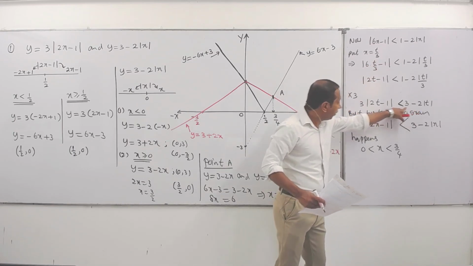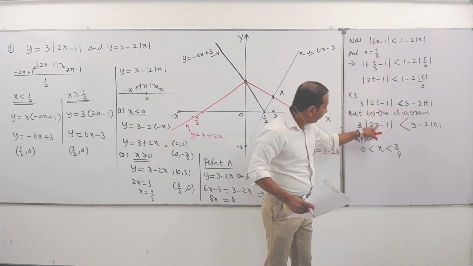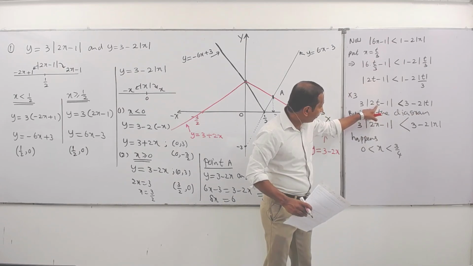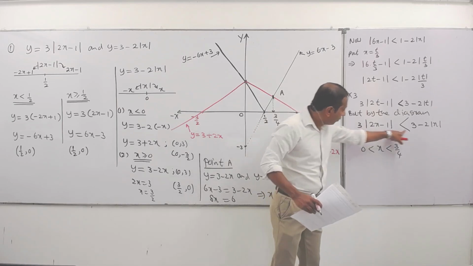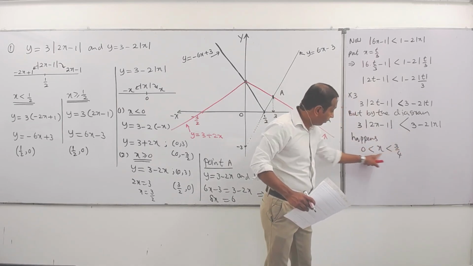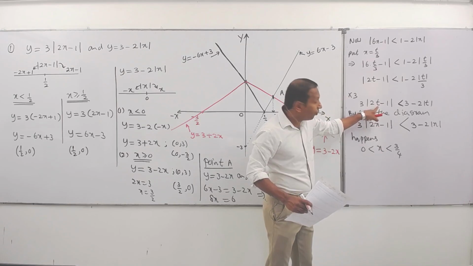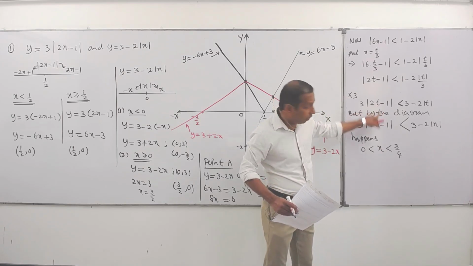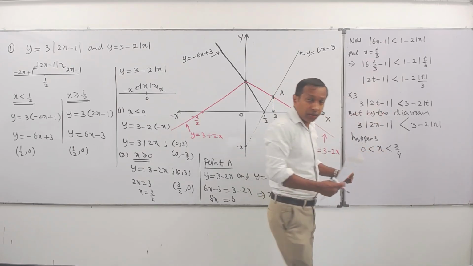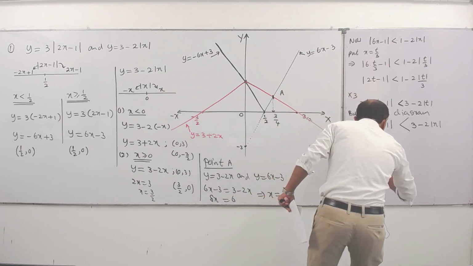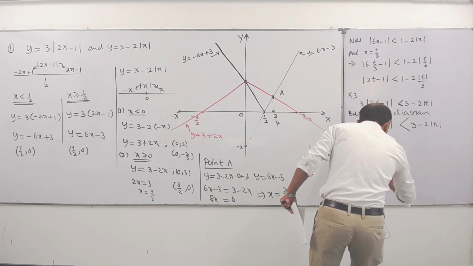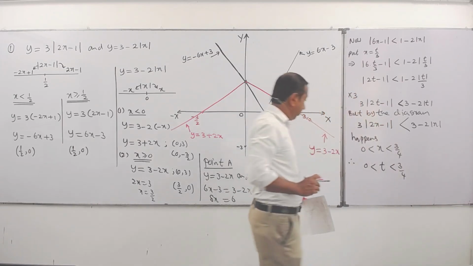The same thing here, only in the place of t we have x. If for this the range of x is this, similarly for this we can write the range of t the same way. Therefore, you can write t less than 3/4 and greater than 0.